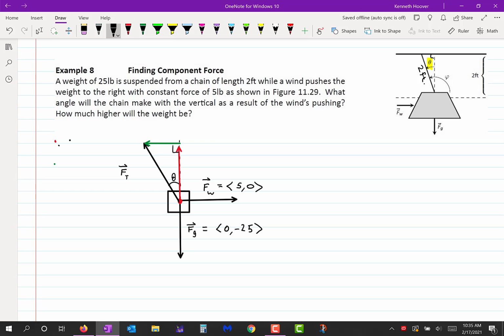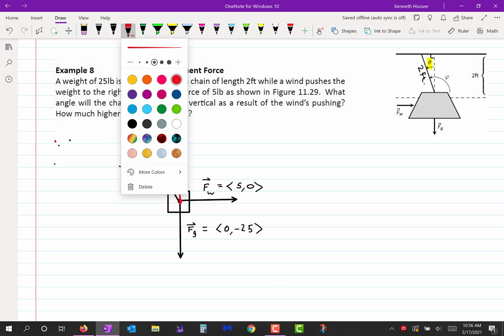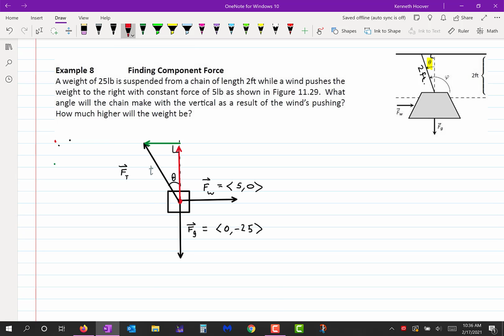So what do we call it? Well, we don't know how long that vector is. So let's just call it the length T. T for tension. Okay? So how long would the red vector be? Very similar to last time. The length of the red vector would be T times cosine theta.